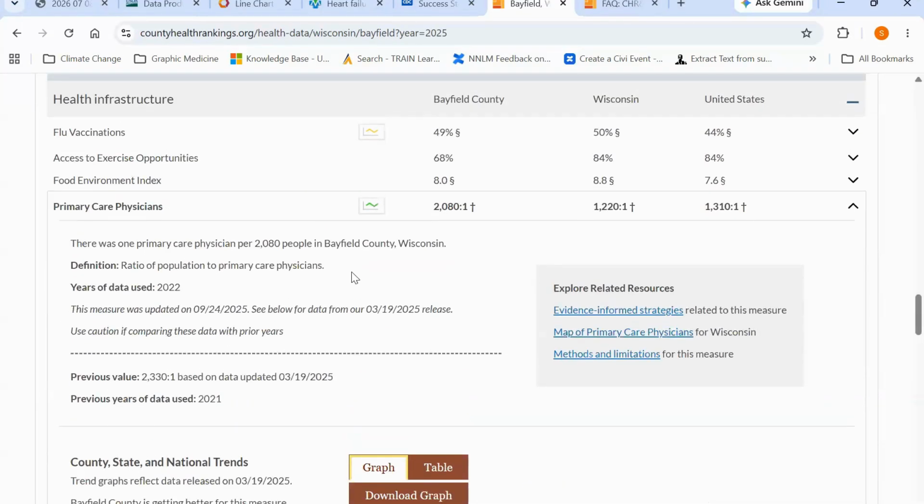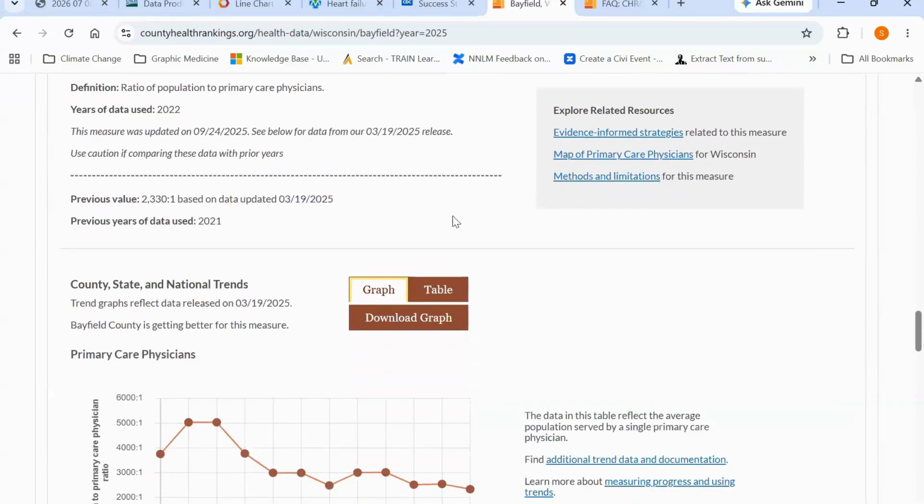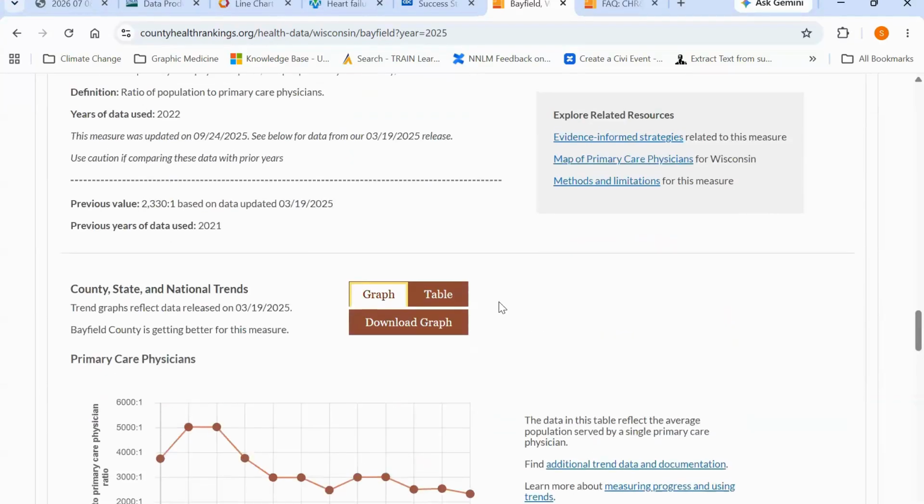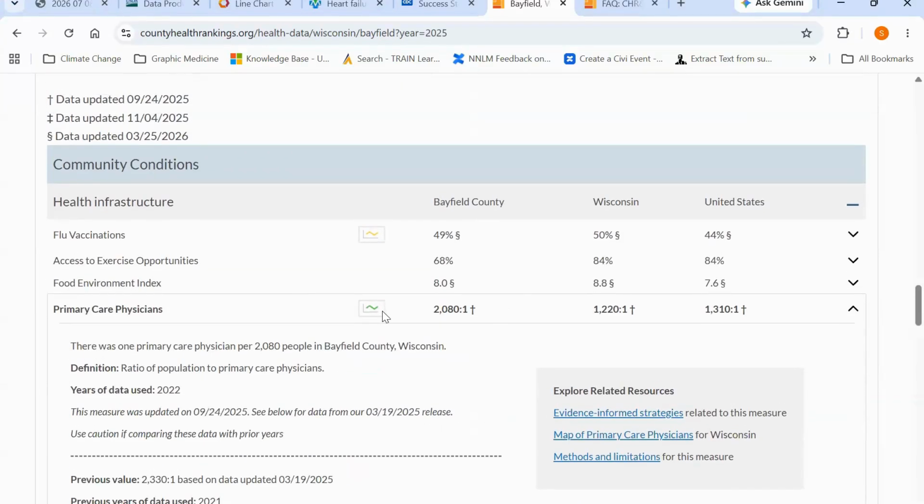Anyway, sorry, so then you can also drop down and get more information about that. You can get it graphed, so you can see the trend lines. The yellow, green is specifically the trend for the county you're looking at.